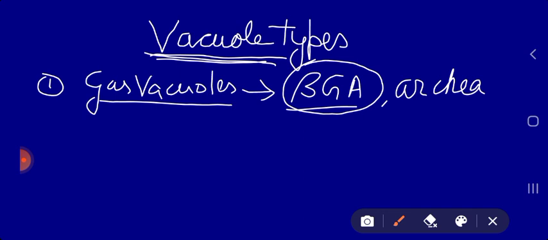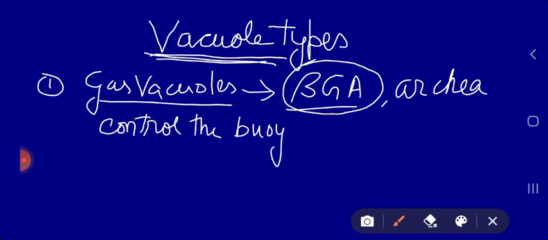Now, the function of gas vesicles or gas vacuoles is that they allow the bacteria to control their buoyancy. So the main function of the gas vacuole is to control the buoyancy of bacteria.